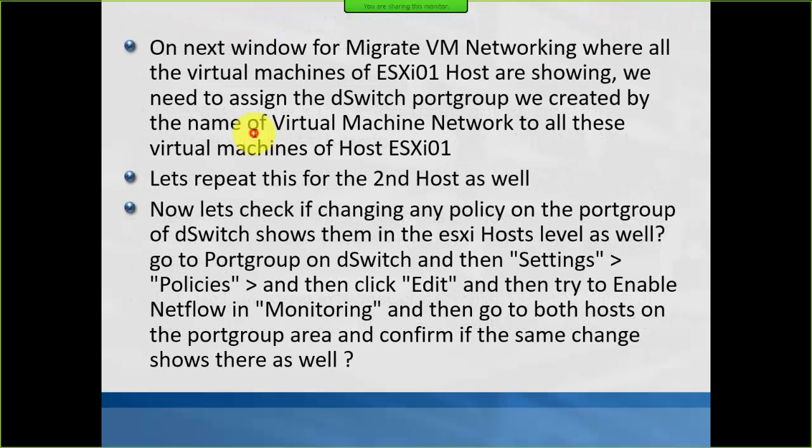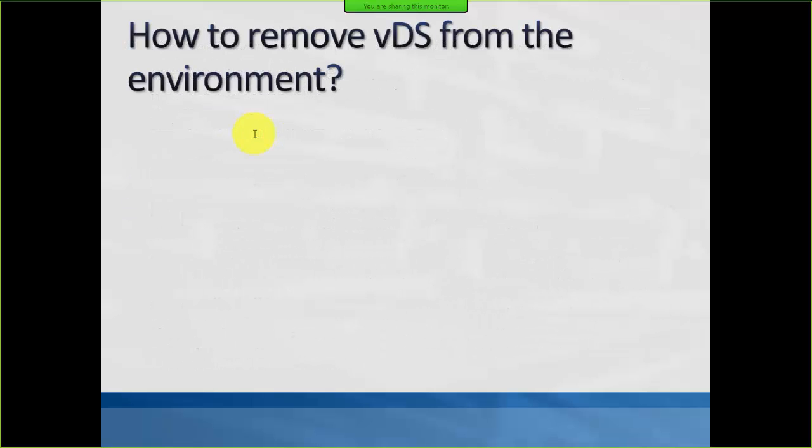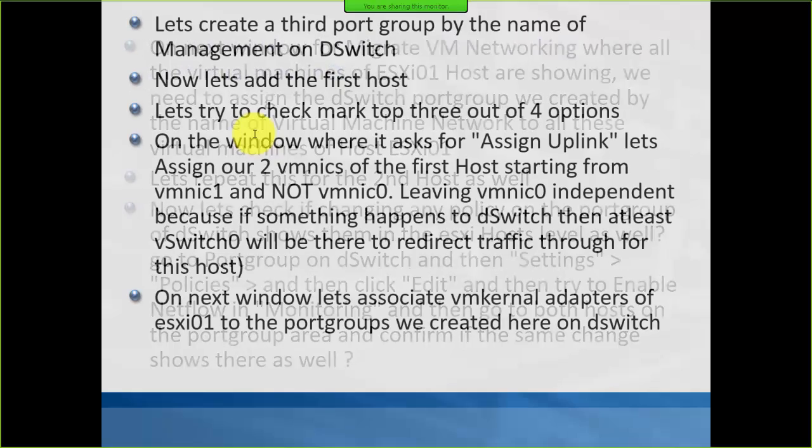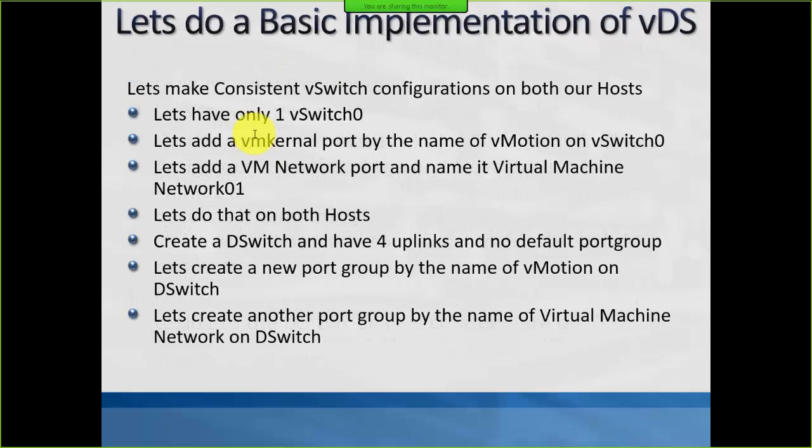Okay, removing is still another topic. Wow, the remove slide was just after this. Okay, this is to create an environment and then to discover and talk about more features of the distributed switch.